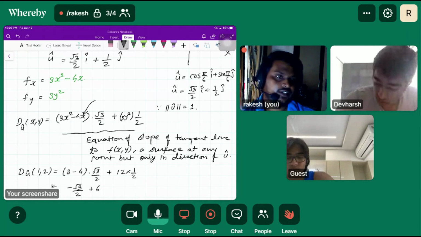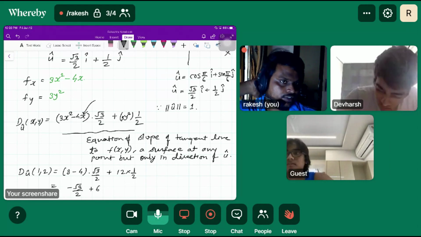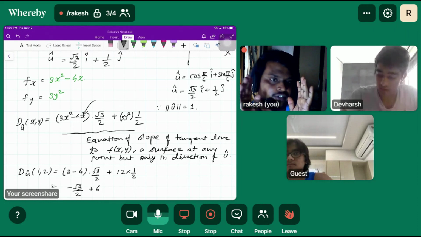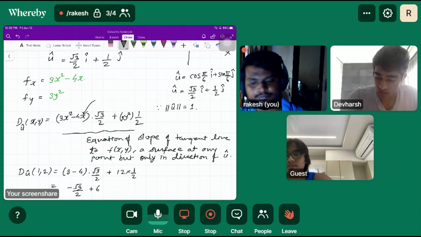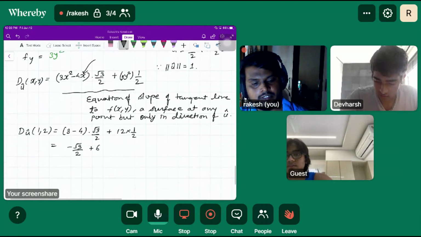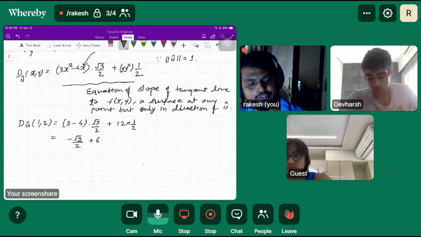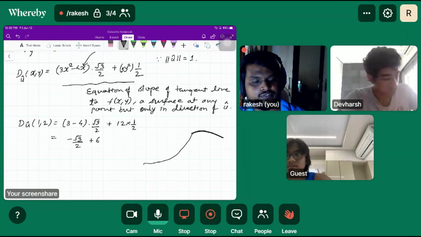It happens in the first question. But the process is very simple. You just have to find the unit vector and a point. Do you understand this?